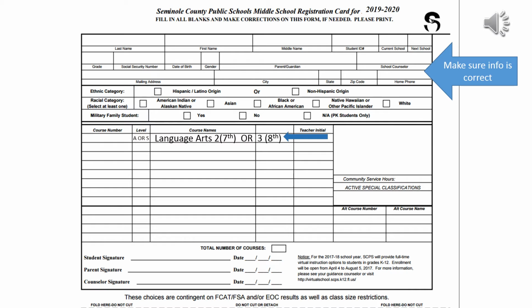Let's start with language arts. For 6th grade students, you may choose from either standard or advanced language arts 2. For 7th grade students, you may select either standard or advanced language arts 3. Please write down your selection now.